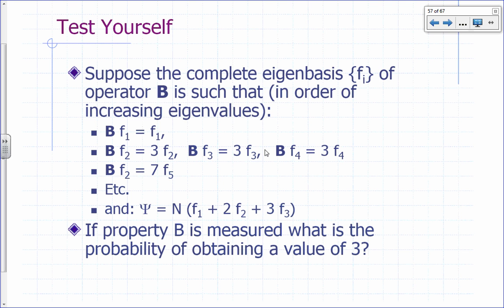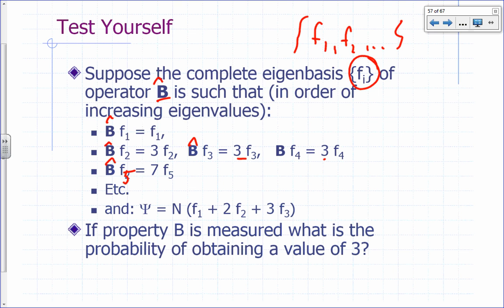Suppose you have an eigenbasis f sub i, so this means the set f1, f2, and so on, and let's say it's the eigenbasis for operator b hat, such that, in order of increasing eigenvalues, b hat f1 gives you f1, b hat f2 gives you 3f2, b hat f3 gives you 3f3, b hat f4 gives you 3f4, and b hat f5 gives you 7f5, and so on. So that's in order.